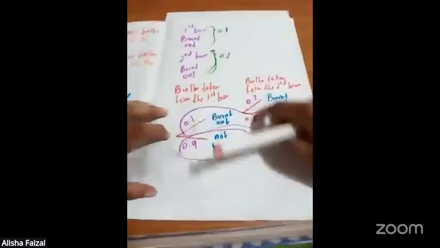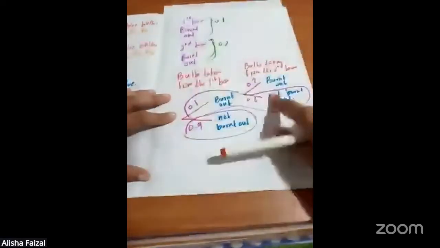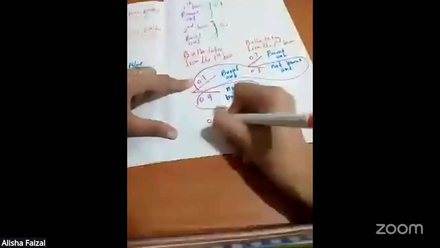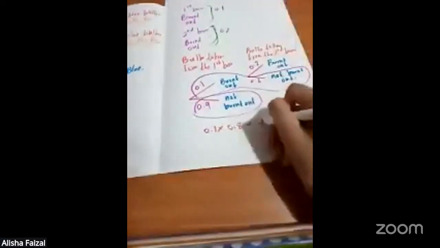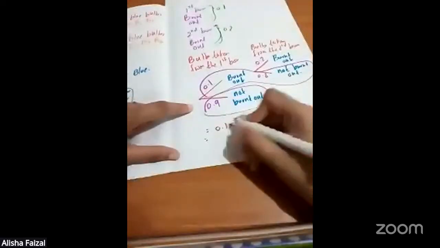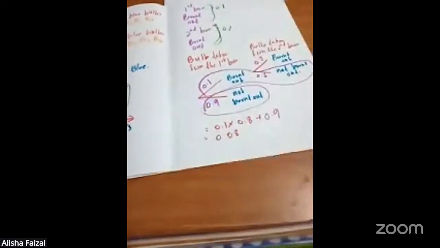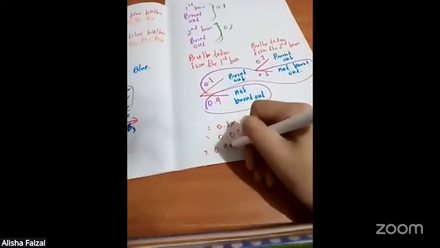There are two different trees, so we multiply 0.1 by 0.8, plus 0.9. 0.1 multiplied by 0.8 is 0.08, plus 0.9, the answer is 0.98.